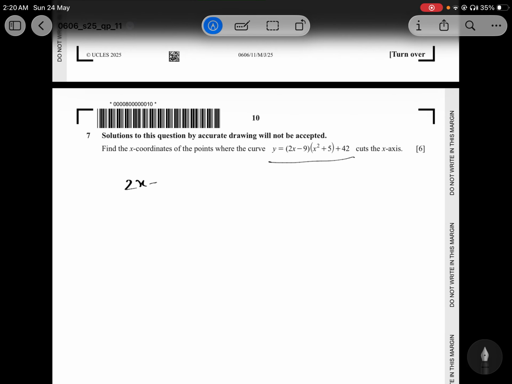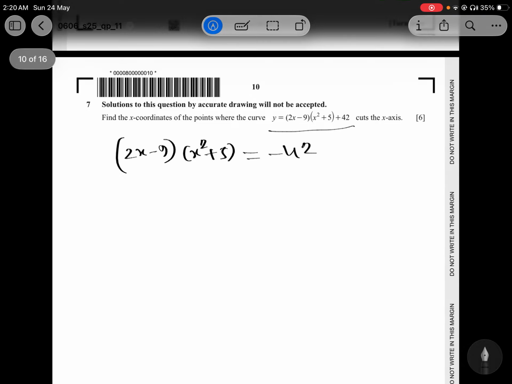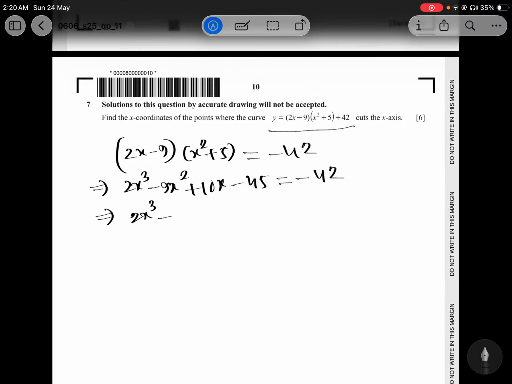So (2x minus 9)(x square plus 5) is equal to negative 42. So 2x cube minus 9x square plus 10x minus 45 is equal to negative 42. 2x cube minus 9x square plus 10x minus 3 is equal to 0.